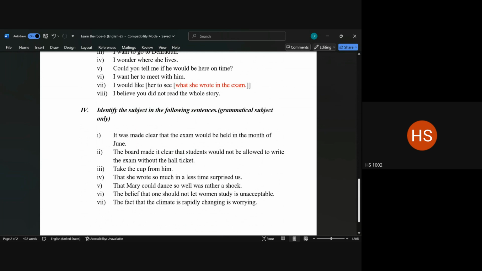You can have a that clause as the object of a sentence. A that clause can also appear as an adjectival clause when you want to add additional information about a given noun, right? So it is the more prominent and commonly found kind of subordinate clause in the language.